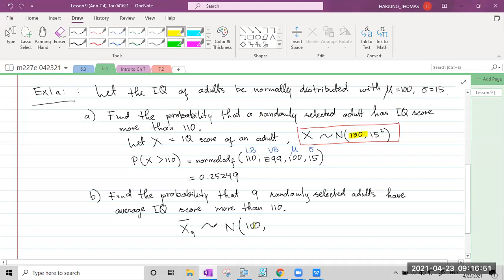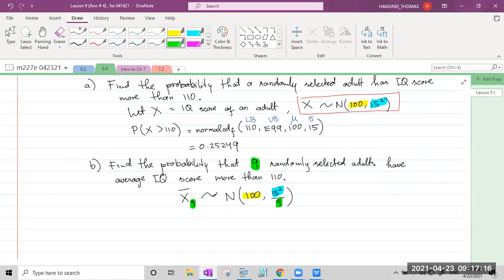This is the mean, the same mean as the sampling distribution. But the variance will be the original variance divided by the sample size. That's how it is distributed.